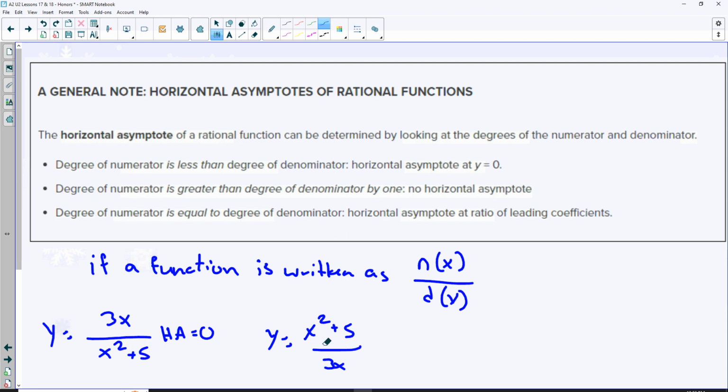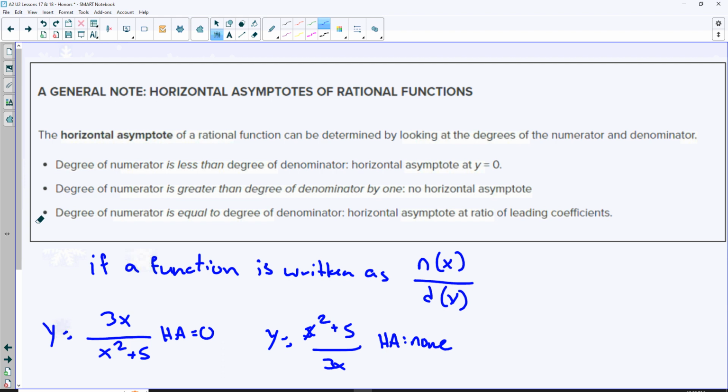And what's happening is these numbers are just going to keep growing, right? Because x squared is going to be bigger than 3x. And so this is going to go up and up and up and up. And so the horizontal asymptote is none. So that's the second case.